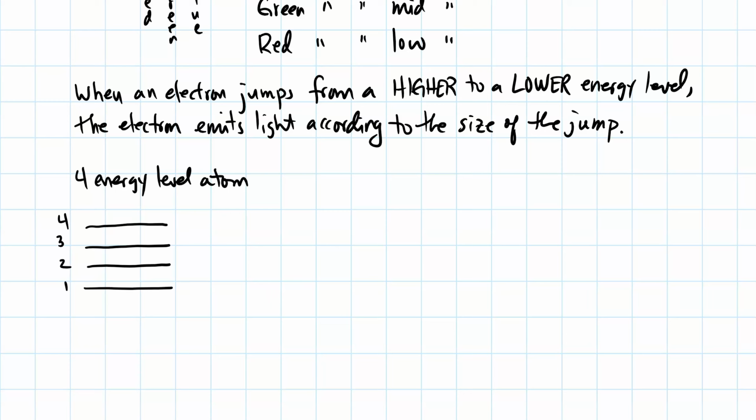And if I have an electron that's in the 4th shell, and then this electron falls all the way down to the bottom. Because this is a bigger jump, and violet has the highest energy, then this thing is going to emit violet light, because it has the biggest jump here.